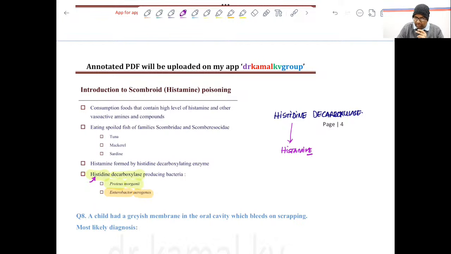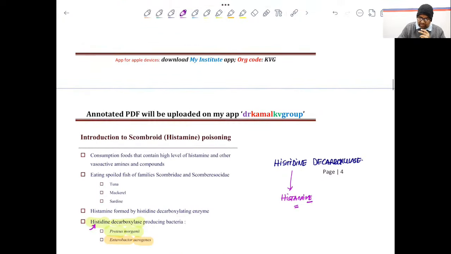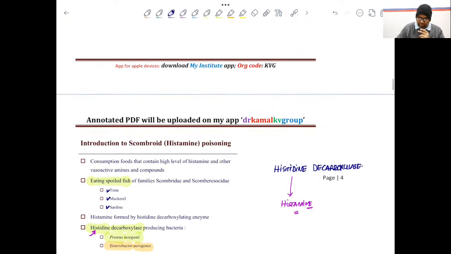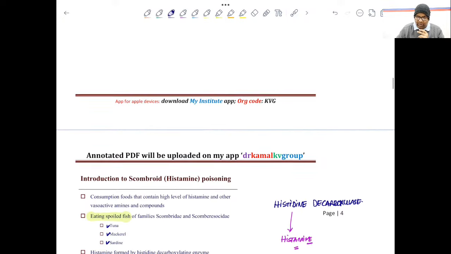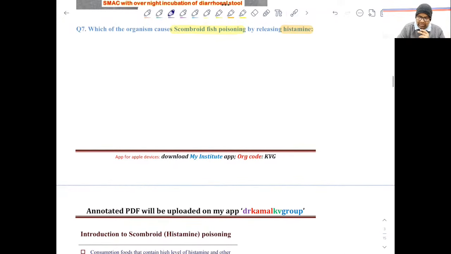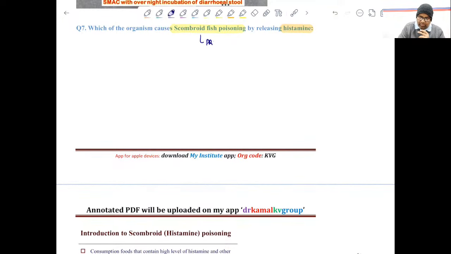These bacteria have this enzyme, so they produce histamine. Scombroid fish poisoning is especially seen with eating spoiled fish like tuna, mackerel or sardine. Clear? So this is scombroid or histamine poisoning, especially seen with Proteus morganii and Enterobacter aerogenes.